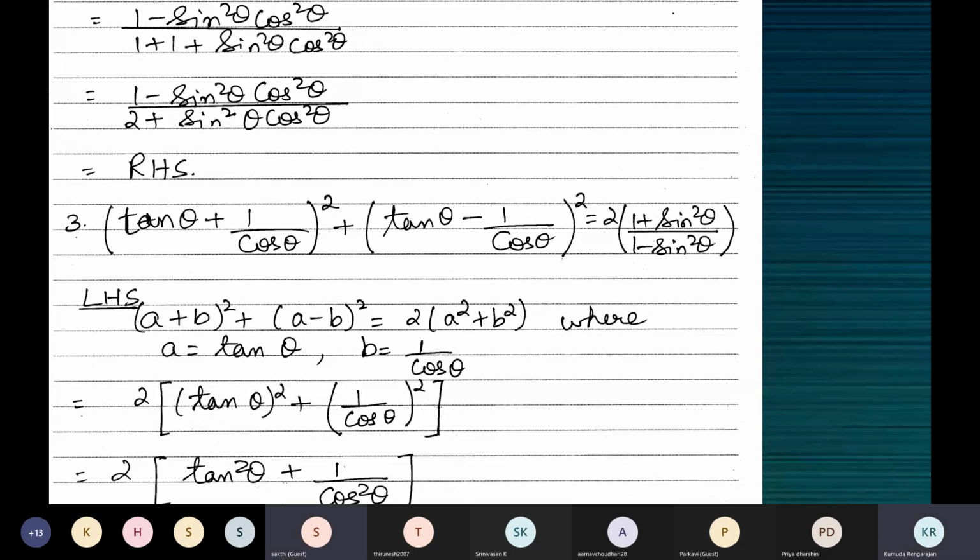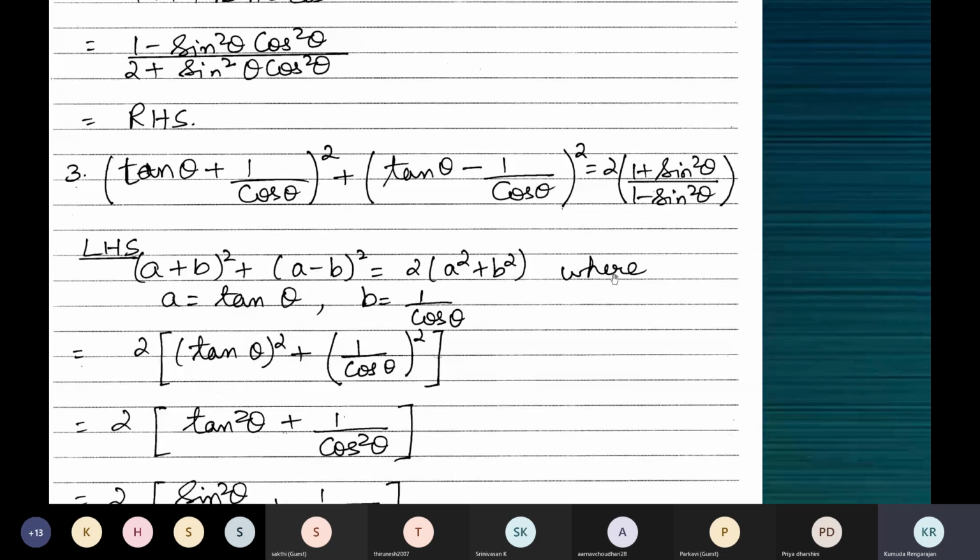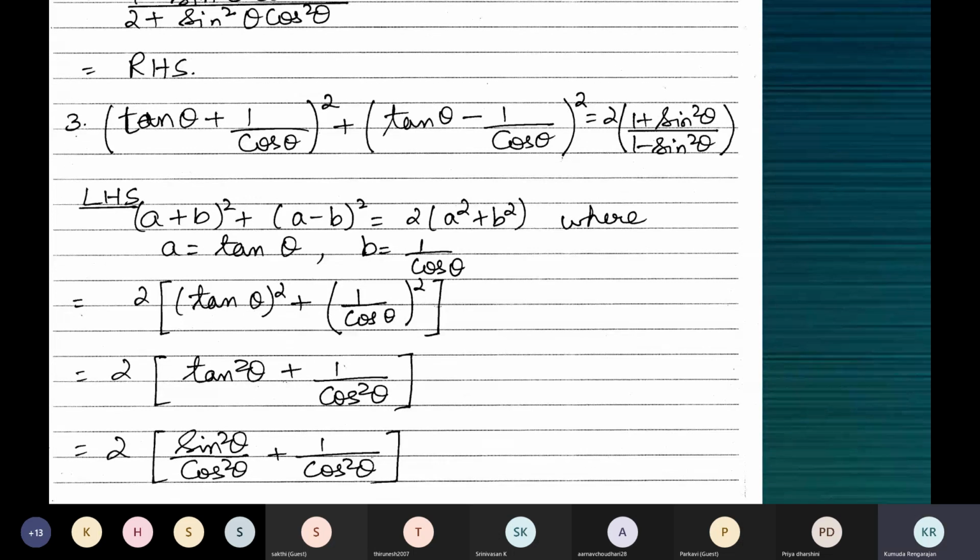We can write tan square theta as sin square theta by cos square theta. Yeah, you must write tan square theta as sin square theta by cos square theta, because look at the RHS. It's only in sine. So later we have to get rid of the cos square theta also. Writing tan square theta as sin square theta by cos square theta is the next step.